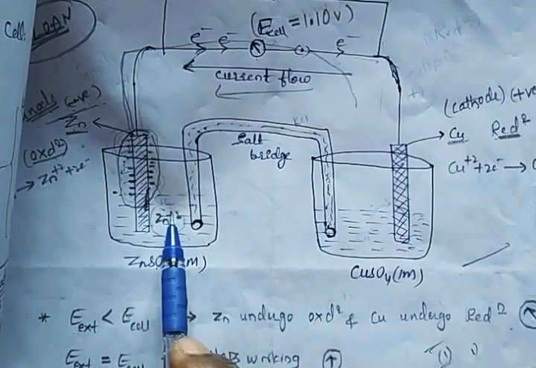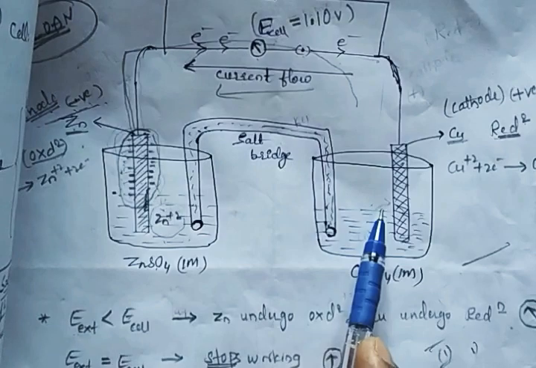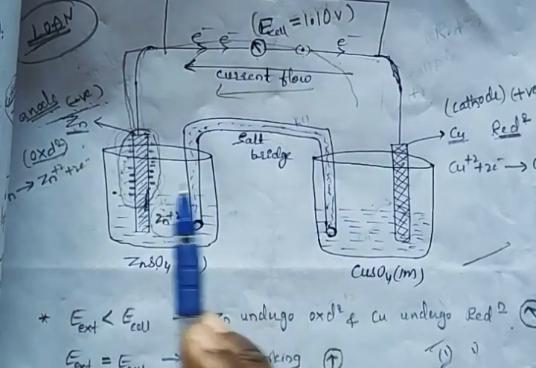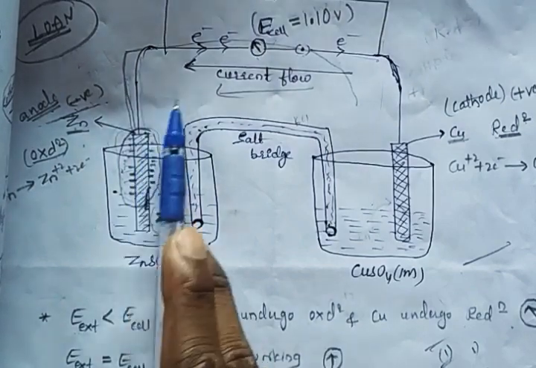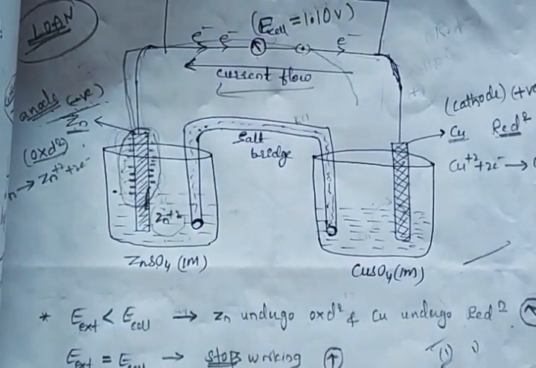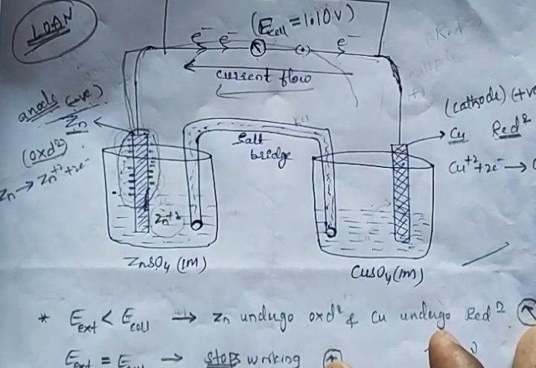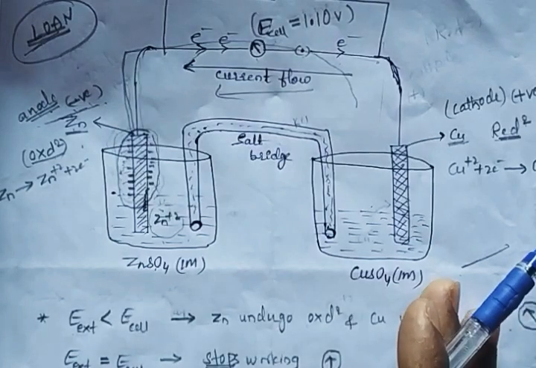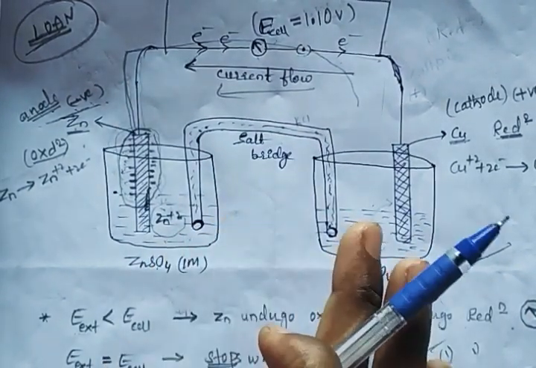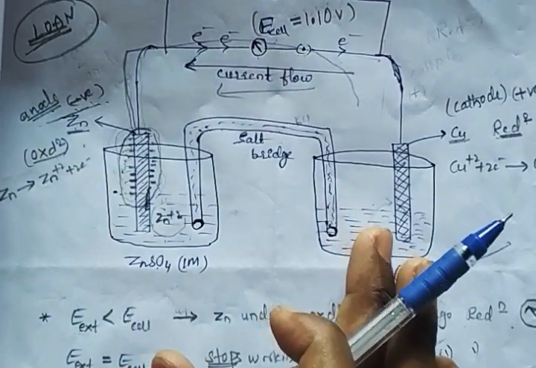An oxidation reaction or a reduction reaction cannot take place alone. When both the half cells are connected, oxidation and reduction reactions take place simultaneously. For that reason, determination of the electrode potential of a single electrode is not possible, but it can be measured by connecting with another half cell.